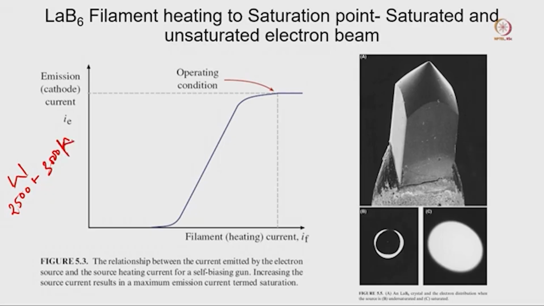Here, even if we go from 0 to 1500 Kelvin, you will not get any electron. If this is the filament heat current and this is the emission current, the filament heat current means how much heat energy you are giving, and then what electrons are coming out from that filament. That is called the emission current.